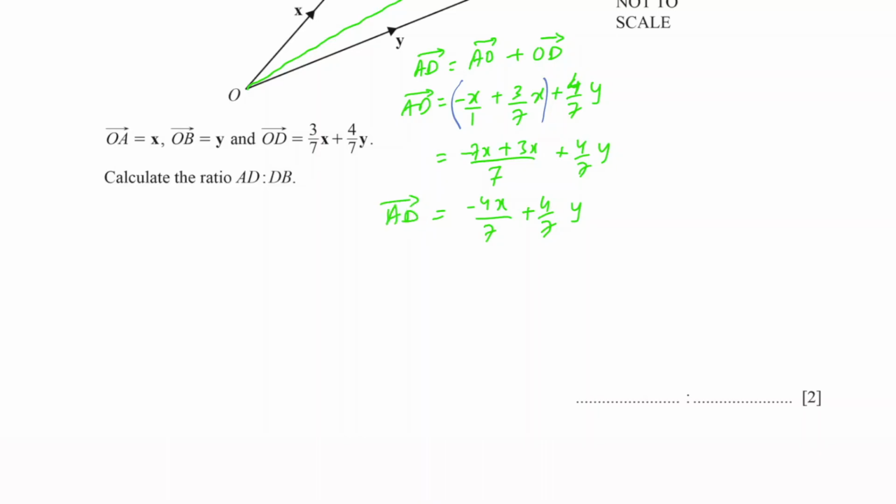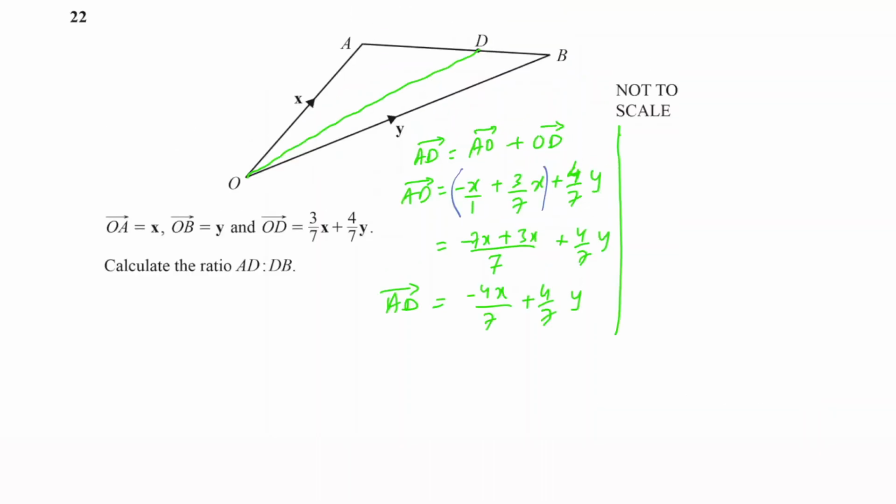Okay, let's find the DB vector. We are finding the ratio, right? We found AD, now we are finding DB.